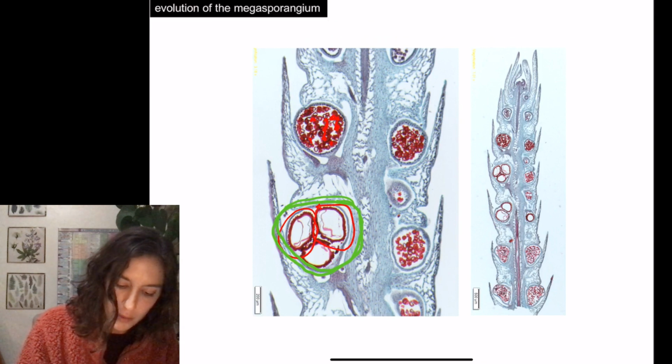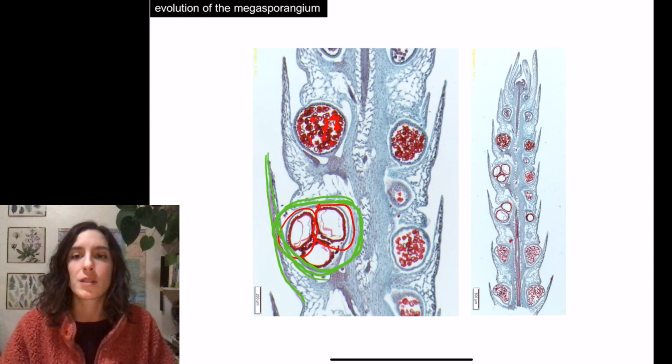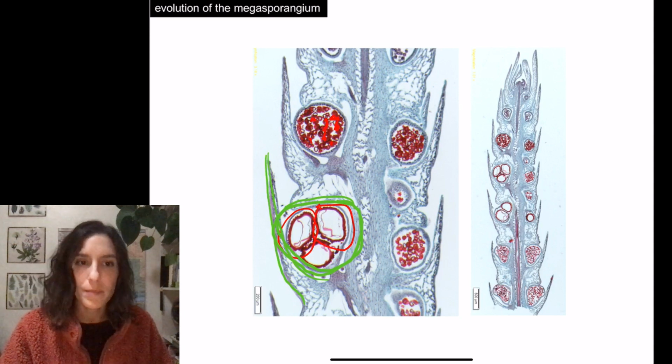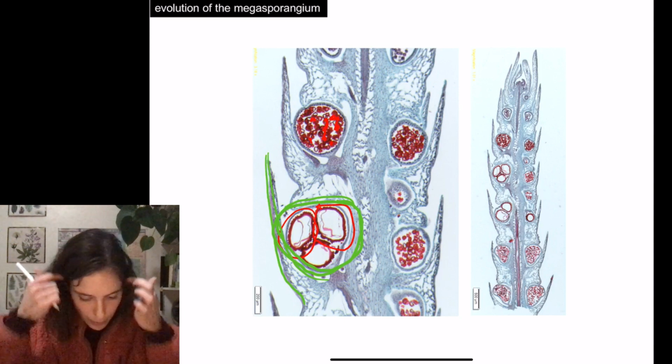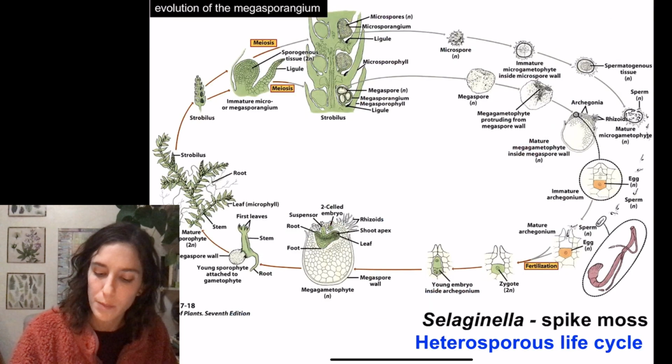And it is sort of subtended by one of these pointy things. Remember, this is one of those sporophylls, a leaf that's associated with the sporangium. Namely, that's a megasporophyll. And this megasporangium will sort of open up and just release the megaspores.